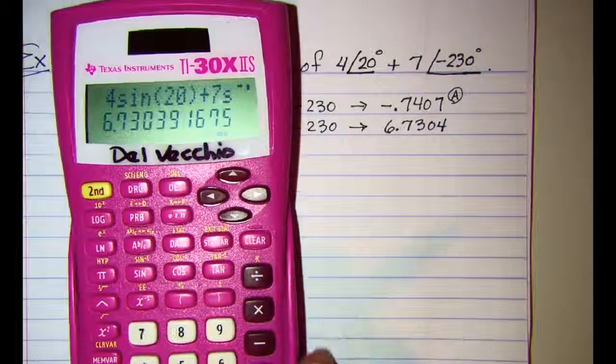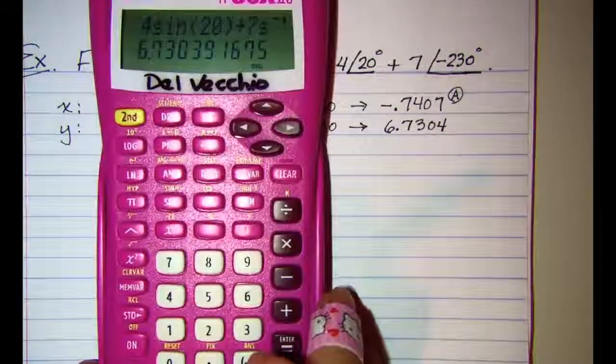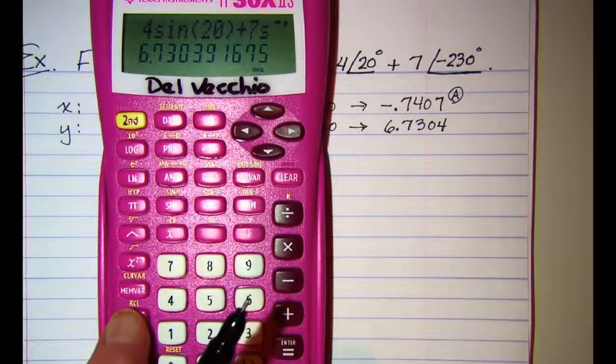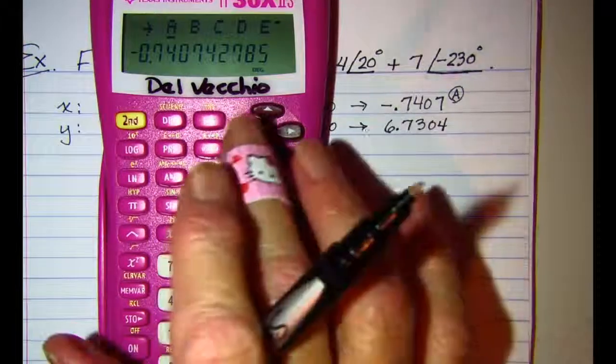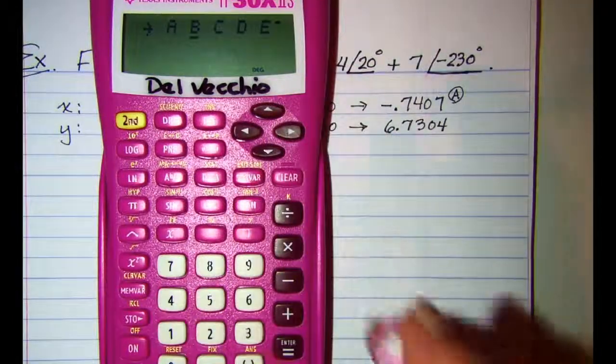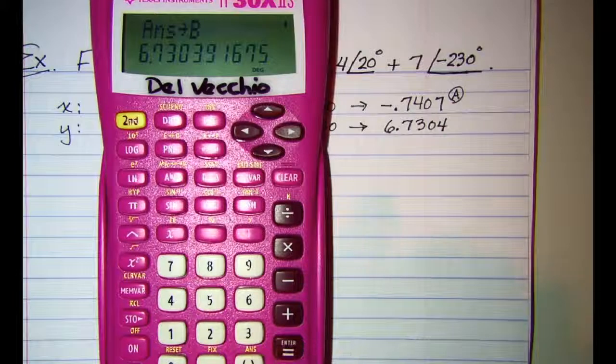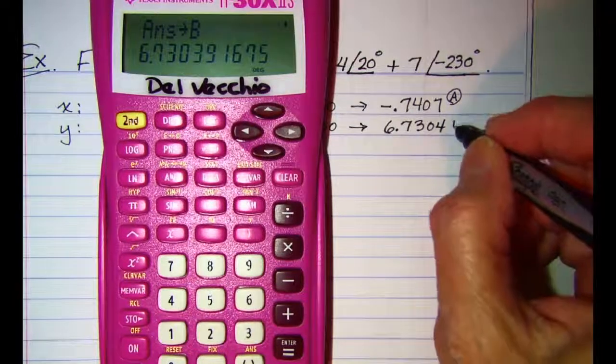Now I'm going to store that value. So I'll press store, and I'll put that in memory B. And make a note here.